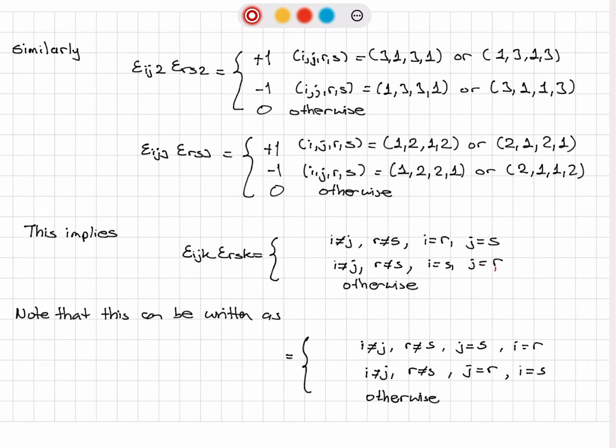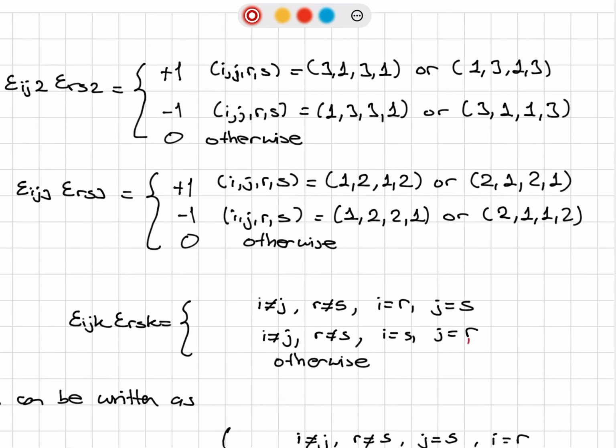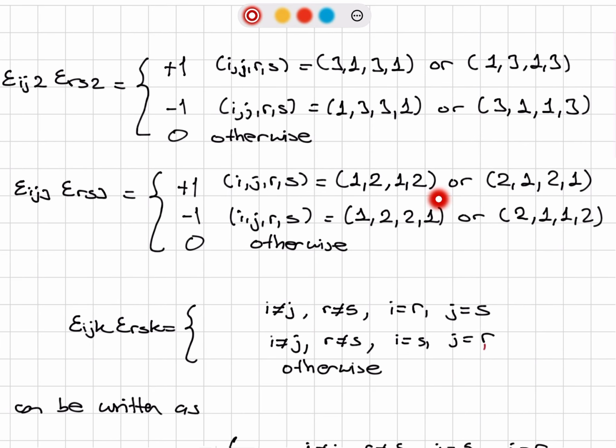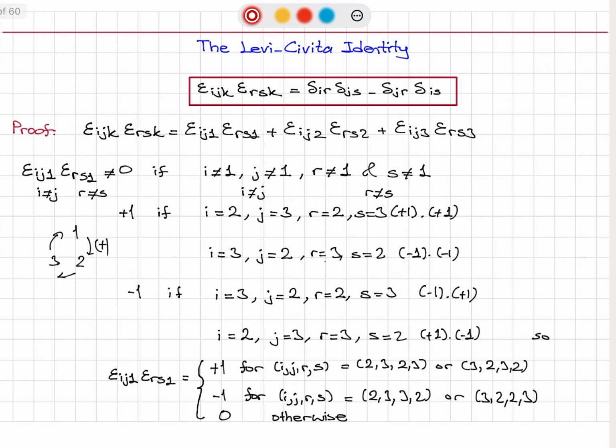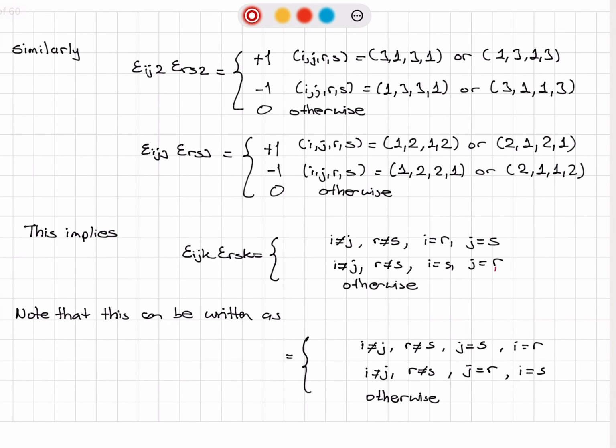So if I pick, for example, the scenario 1, 2, 1, 2, this term gives me plus 1. In the other terms, 2 is repeated, so epsilons will give me 0, and 1 is repeated, this is going to give me 0. So the answer will be plus 1 in that case.